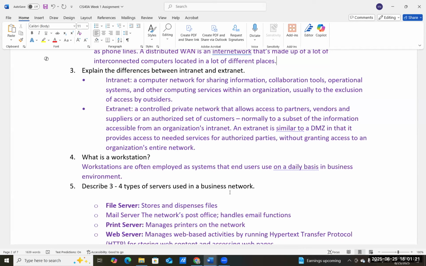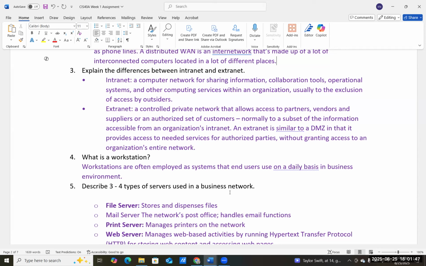So let's say I have a company and I want to build an intranet to share benefits information, like health benefits, with my employees. They're able to have access to the forms in case they want to file a claim for their health, etc.